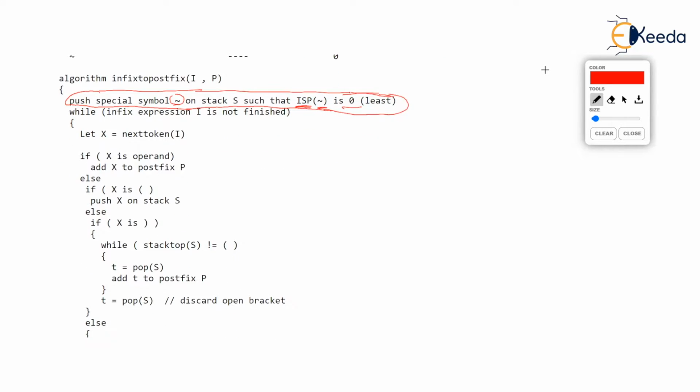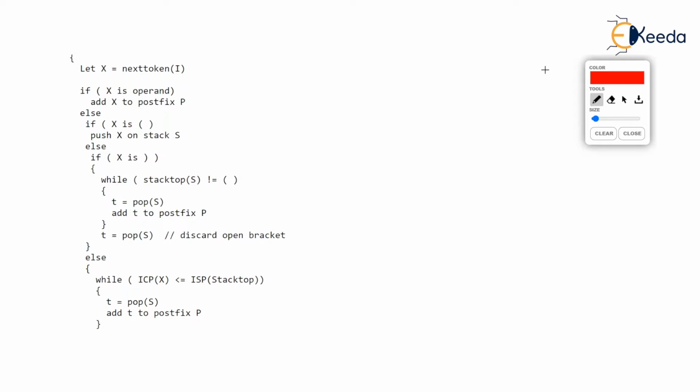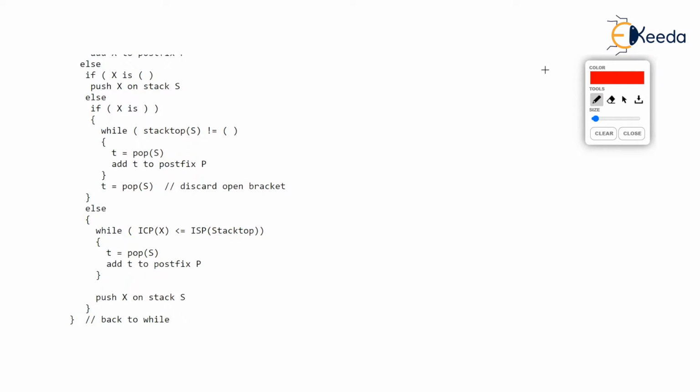Now, why do you push tilde initially on the stack and keep it as it is? It is for the operator case. In one sentence, I can tell you that why we push tilde on the stack initially, such that the priority of the tilde is least, is so that stack S never becomes empty.